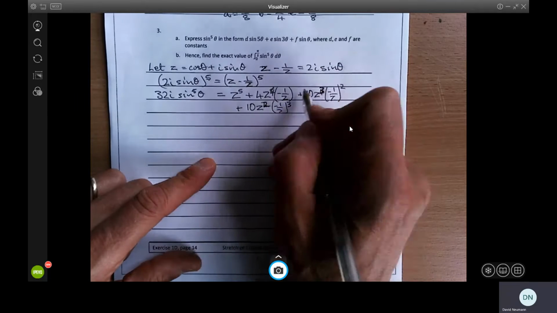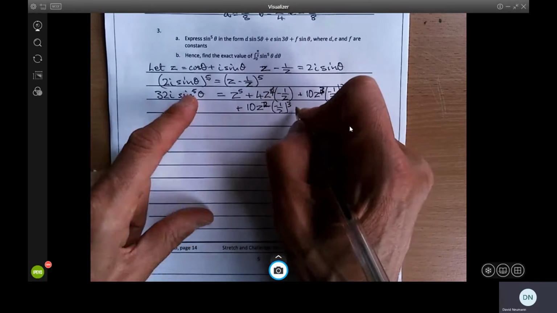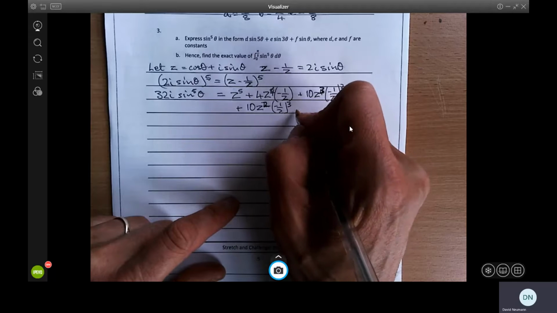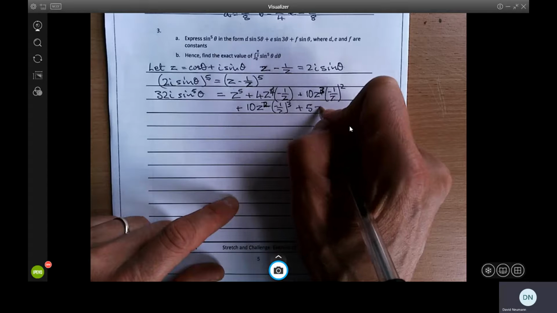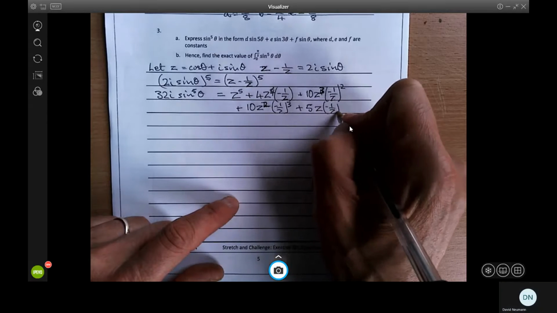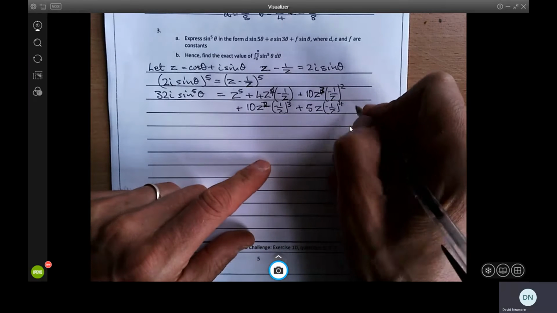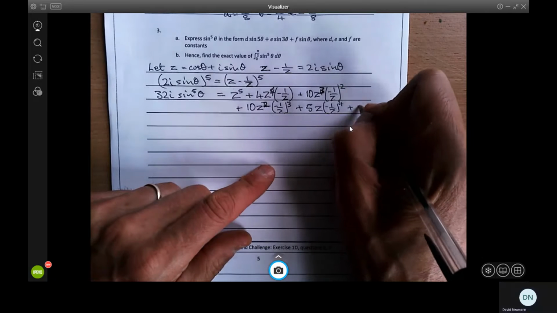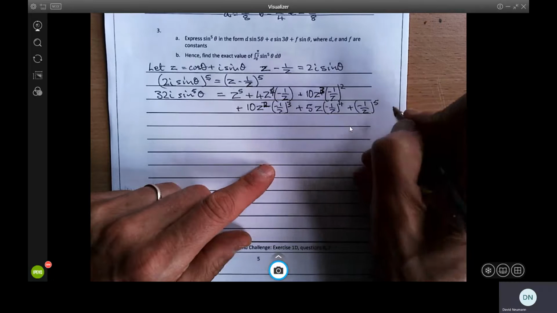The sums of these powers should always add to 5, to this power here. So plus 5 z times minus 1 over z to the power of 4. And then we've got plus minus 1 over z, minus 1 over z to the power of 5.